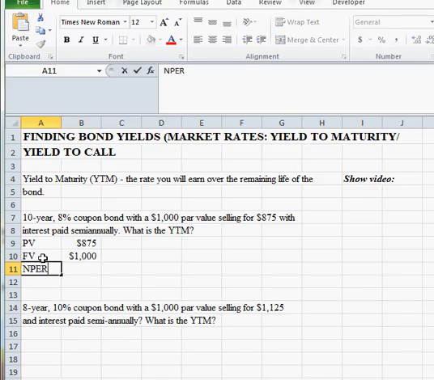Number of periods, it says, is 10. And then the payment is based on the coupon. So the coupon is 8% times the $1,000. The only thing that we have to be aware of, again, is that this is a semi-annual, so we're going to make some adjustments, and we're going to be looking then for the rate.